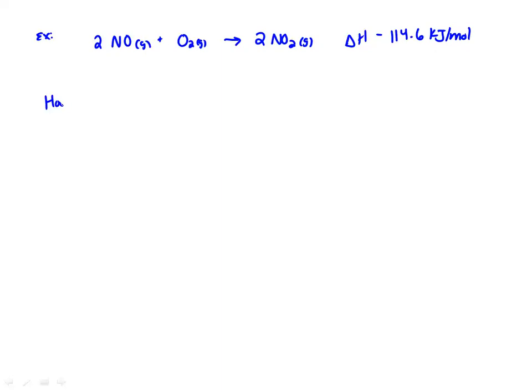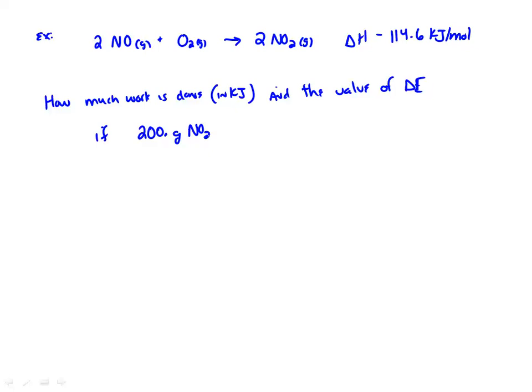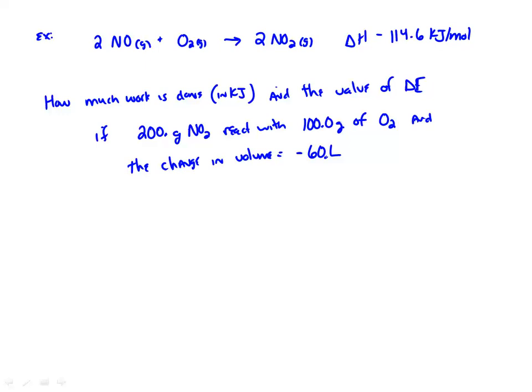I want to know how much work is done in kilojoules, because that's our favorite unit, and the value of delta E, if, say, 200 grams of NO react with 100.0 grams of O2, and the change in volume is equal to minus 60 liters. I'll put a decimal in there to have at least some more sig figs.